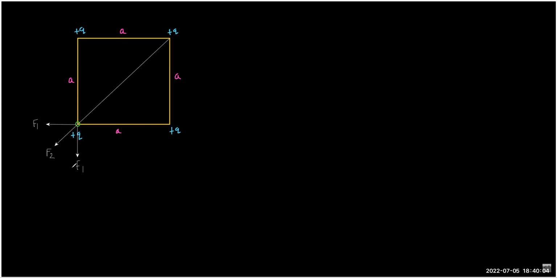Therefore, to find the net force, we are simply going to find the component of force along the line of symmetry. So F net equals F2 plus, what about the F1?